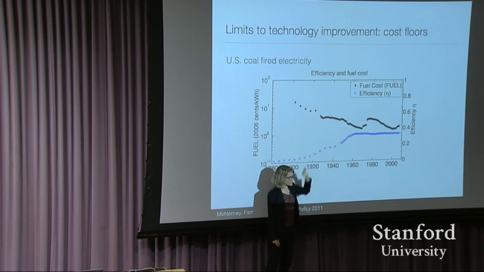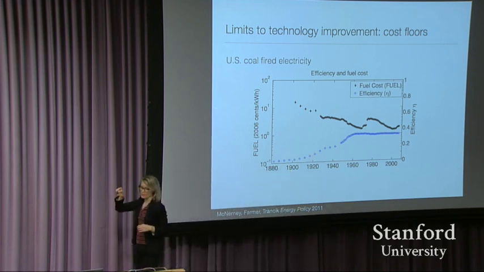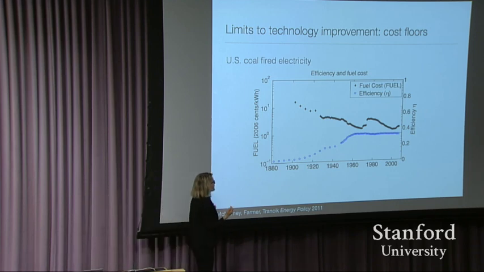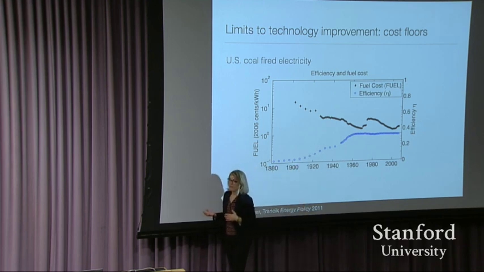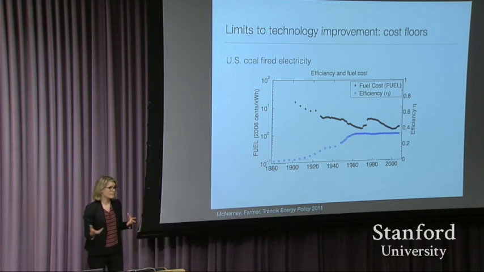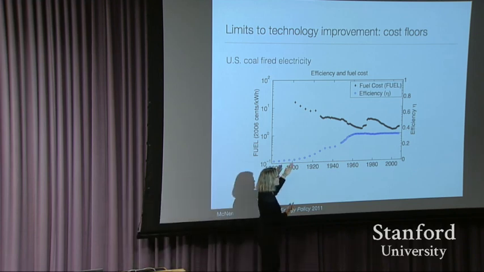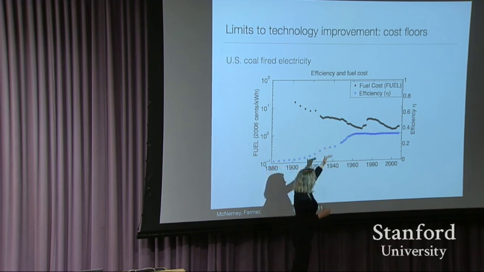So as the efficiency leveled off, the fuel cost for coal-fired electricity leveled off as well. And effectively what this has done is to limit the rate of improvement of coal-fired electricity costs overall in the US. And now, the efficiency of coal-fired electricity could go up further. I mean, 30% is not any kind of fundamental limit, so it could increase further.